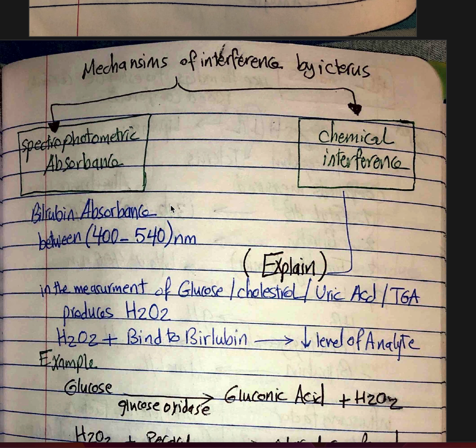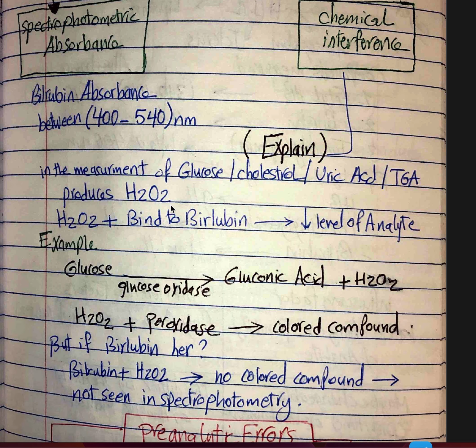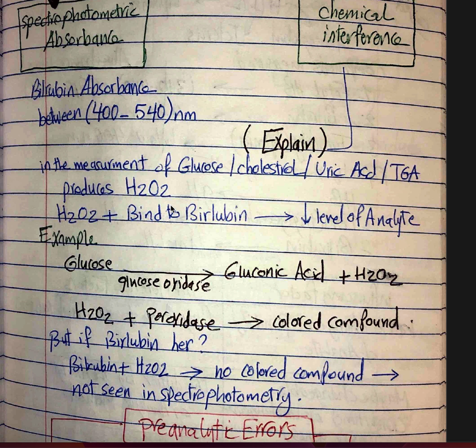How about chemical interference? This is a big topic also. Chemical interference affects the measurement of glucose, cholesterol, uric acid, and triglyceride. But why? Because the metabolism leads to the production of H2O2, and instead of H2O2 binding with peroxidase to produce a colored compound that we can measure, for example glucose, triglyceride, or uric acid, it binds to the bilirubin.